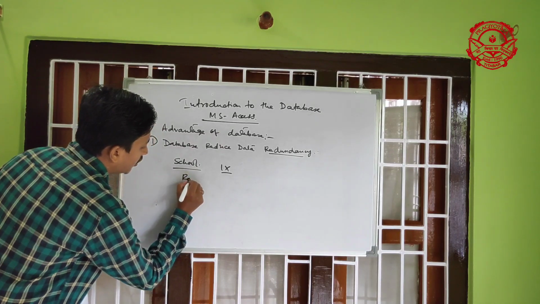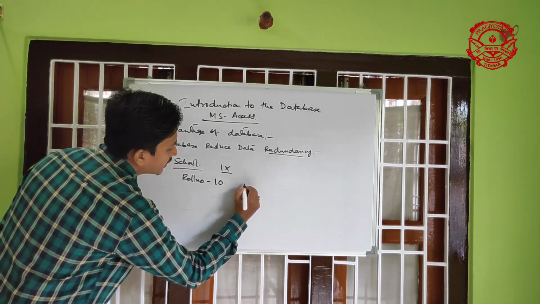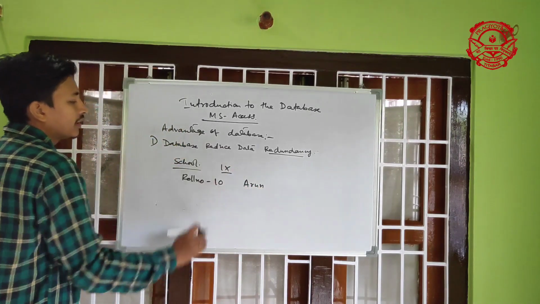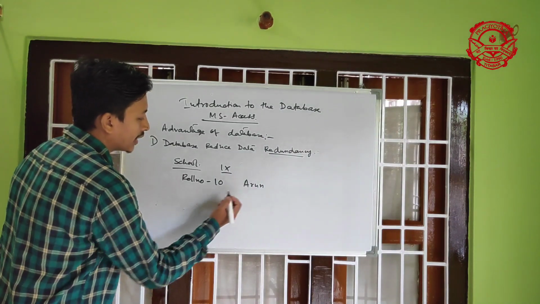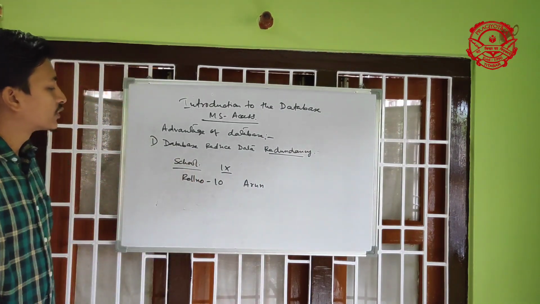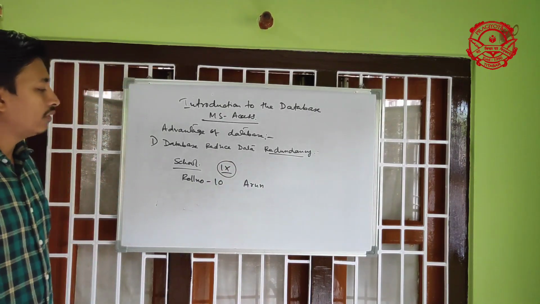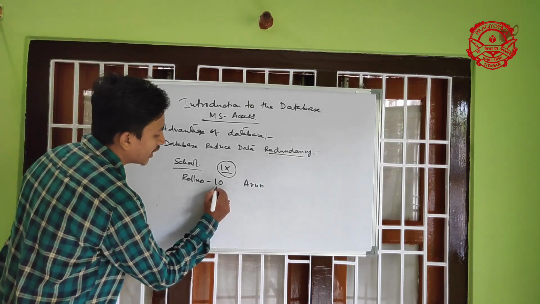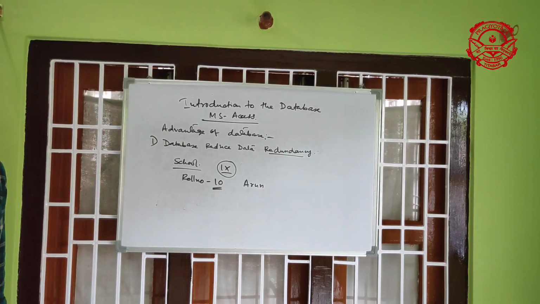For example, roll number 10, its name is Arun. So Arun is saved in the school database, class 9. Now when I require any information, I just search his information through his roll number, that is roll number 10.